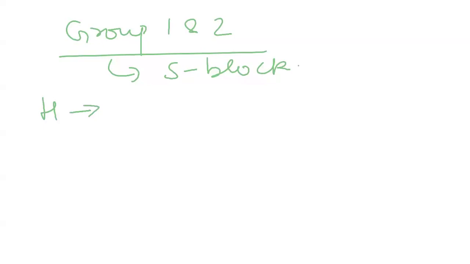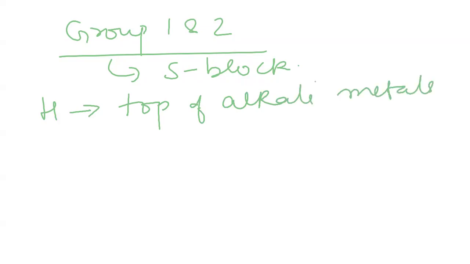Now hydrogen appears at the top of group 1 of the alkali metals. So it is on the top of alkali metals, but it differs from alkali metals. Therefore we study hydrogen separately.